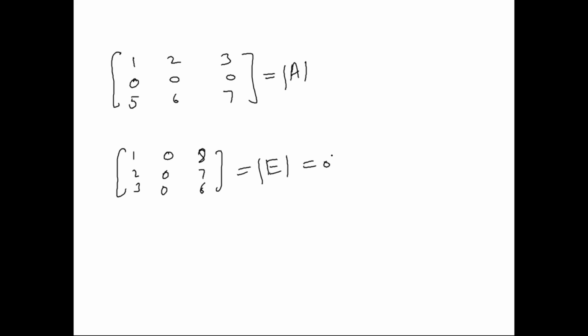Very good. 0. Okay, that is what the point is saying. If any of the rows is 0 or any of the columns is 0, the determinant will always be 0. Okay, let us try to do some problems on this.